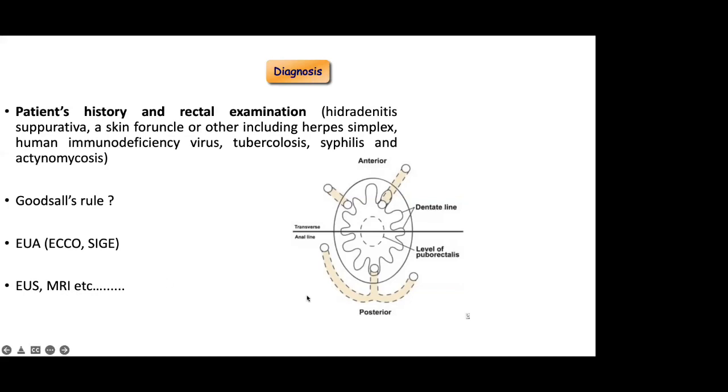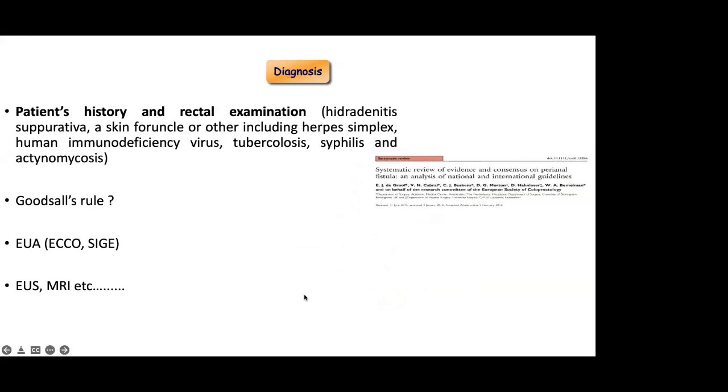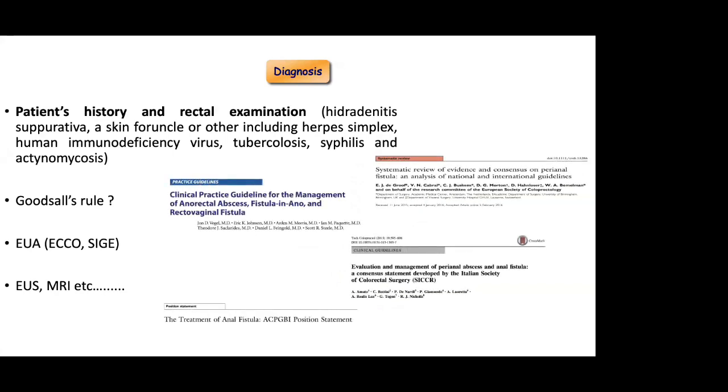A really important consideration concerns the evaluation under anesthesia, because sometimes the diagnosis of the fistula and the proper definition of the different tracts is really demanding and challenging. And for this reason, a lot of societies, the European Society of Coloproctology and also the Italian Society of Gastroenterologists, gave a really important role to the evaluation under anesthesia in order to better classify the complexity of each fistula.